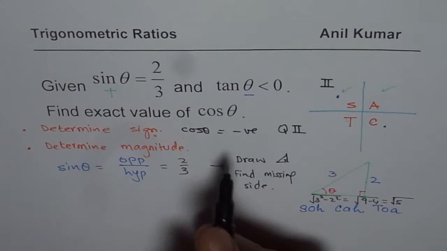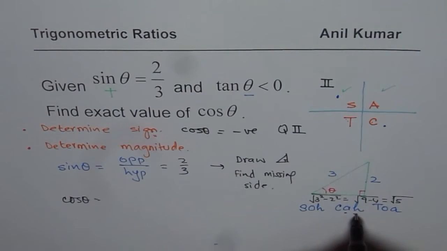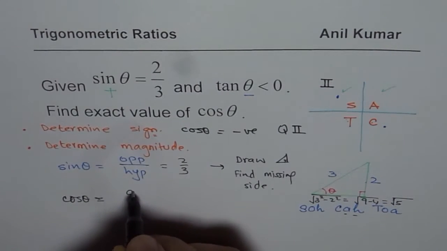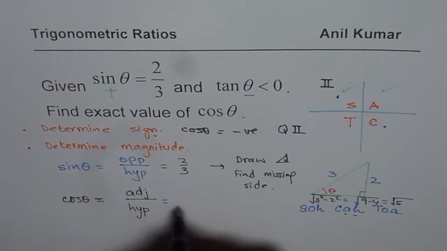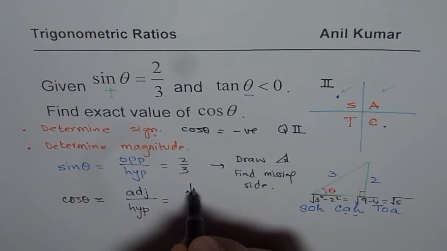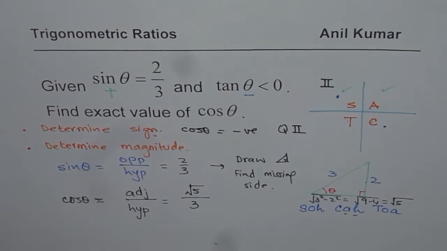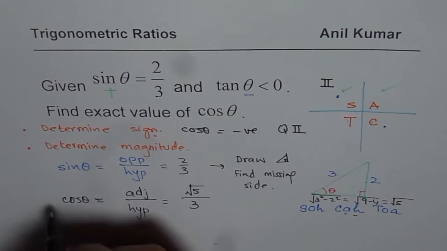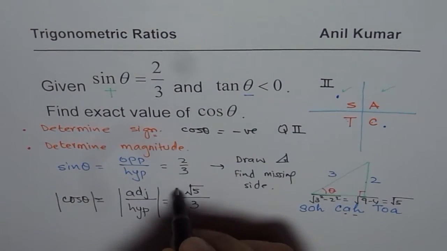Get it, yeah? So cos theta is, for us, adjacent over hypotenuse. Adjacent side is square root of 5. Hypotenuse is 3. So that becomes the magnitude. So let me write this as the magnitude. Do you understand? It's the magnitude.